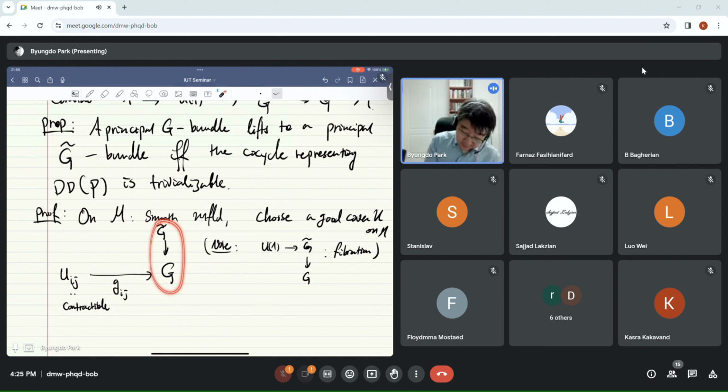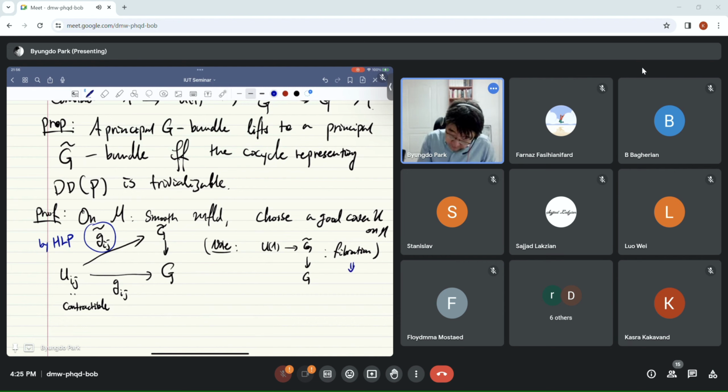So this is a fibration. And because this is contractible, there's a homotopy at this level. So that homotopy lifts, right? And then this g_ij would lift to g twiddle_ij.